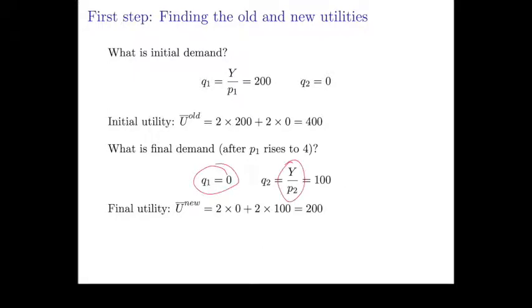The price of good 2 is 2, you've got $200, so you can buy 100 units. So the new utility is 2 times Q1, which is 0, plus 2 times Q2, which is 100. So it's 2 times 100, which is 200.